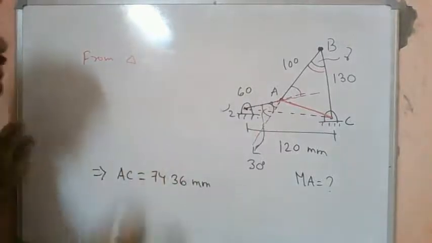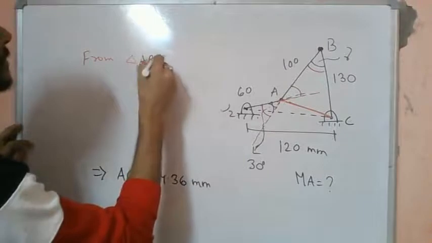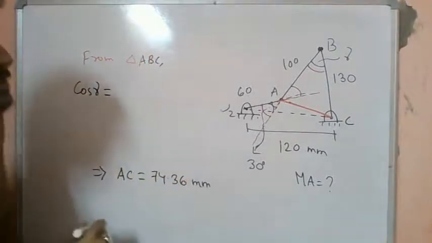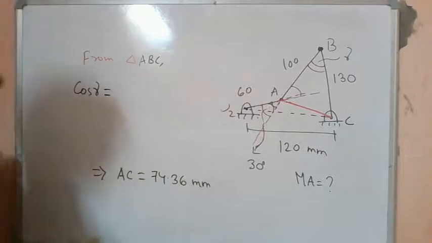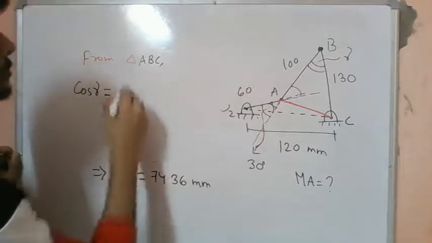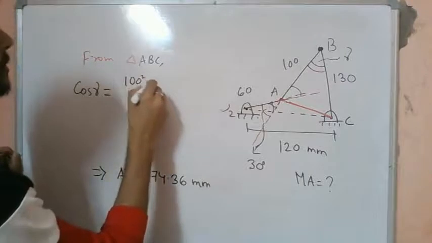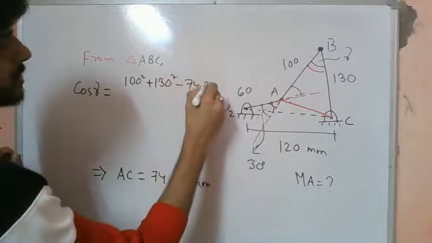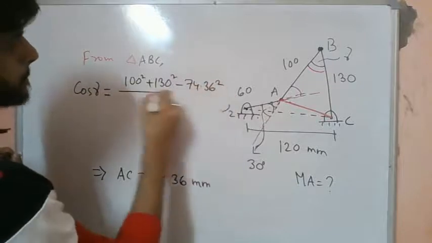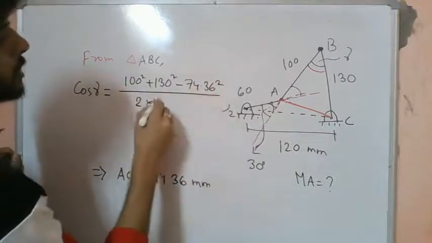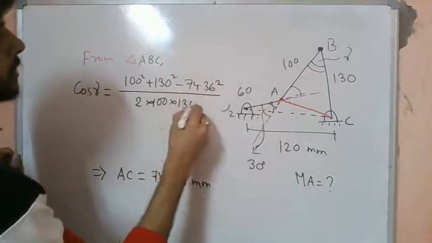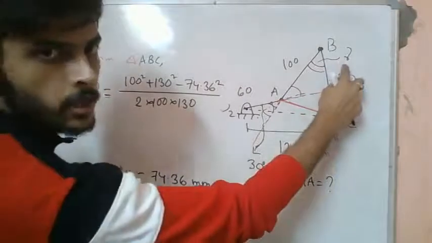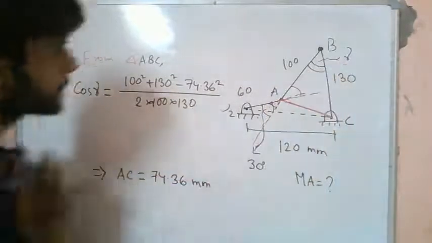So we use triangle ABC. Cos gamma equals 100 square plus 130 square minus 74.36 square, divided by 2 into 100 into 130. So from this triangle we are finding out this output angle gamma.